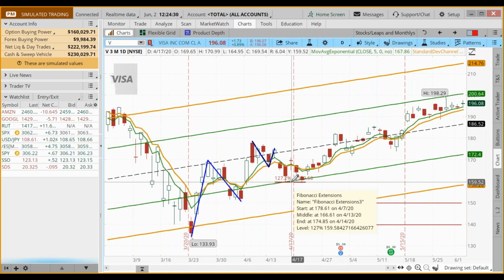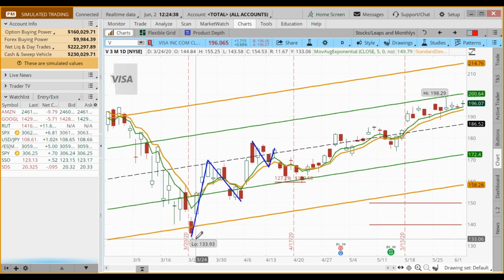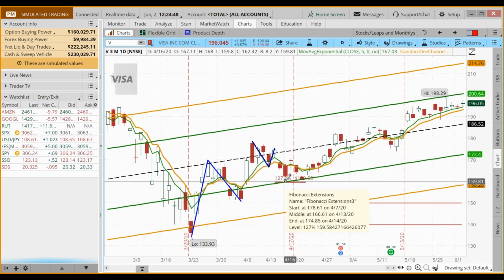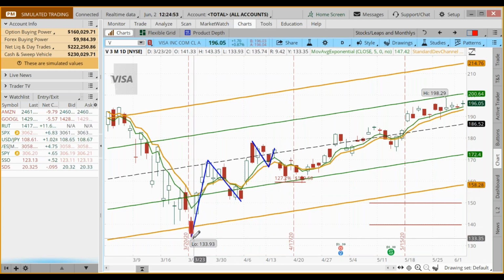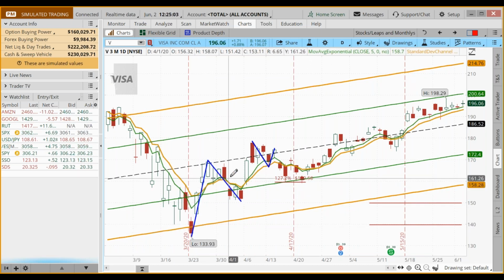And Visa, except during the coronavirus scare, usually goes from +1 to -1. So that is a good indication that this move is probably over, or it might go a little lower, but the probability is it's going to still be a higher low, because here's the -2. So we're still in an uptrend.